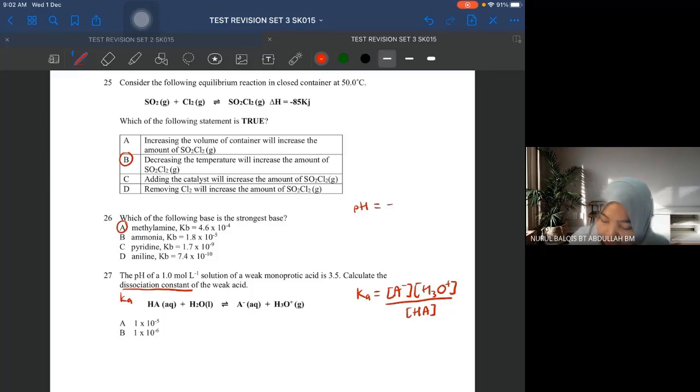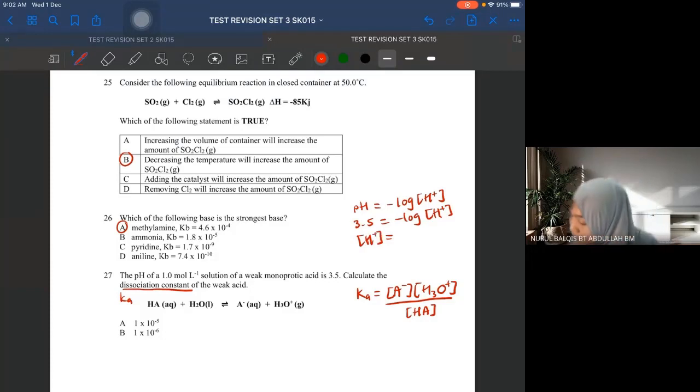Jadi pH is negative log H plus concentration. So you akan ada 3.5 equals negative log H plus. So shift log negative 3.5, your concentration of H plus would be 3.1623 10 to the power of negative 4 molar.